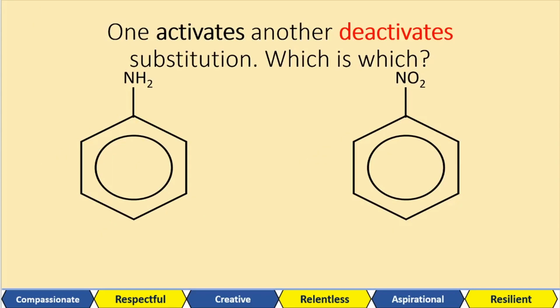That brings us to this actual lesson now. One of these actually activates substitution. It allows substitution to happen readily. Another one deactivates substitution. It's a bit more difficult to get substitution going on. Spend some time, think which one activates substitution and which one deactivates substitution.